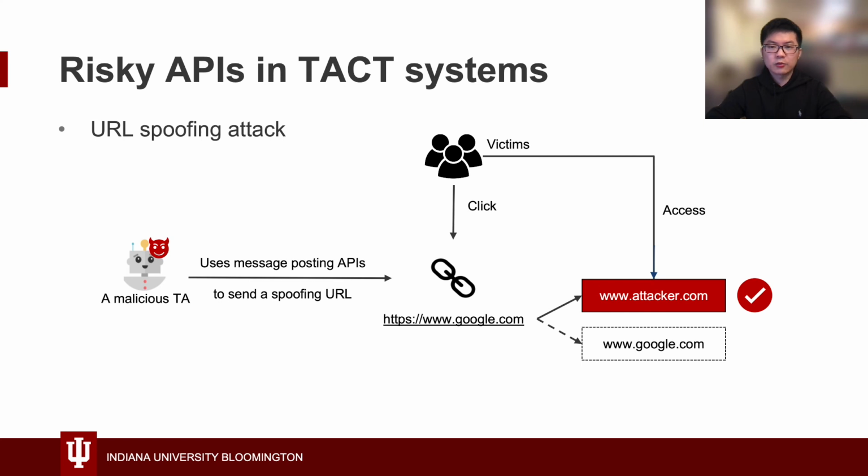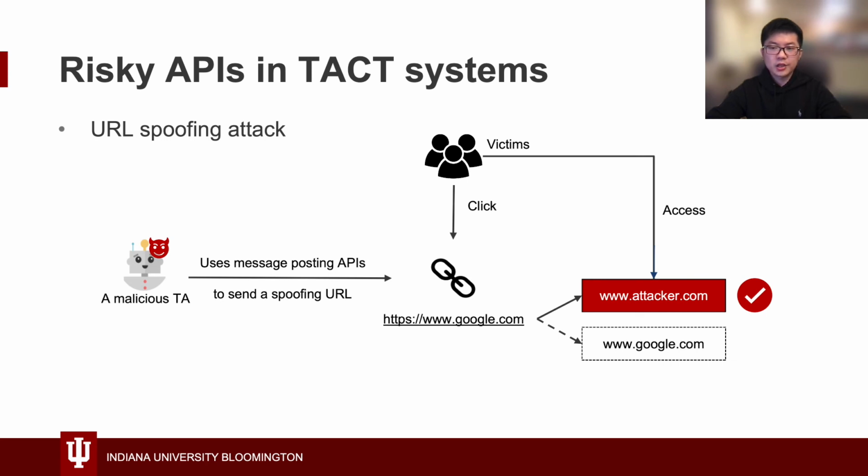The last one is the URL spoofing attack. As shown in the picture, a malicious team chat app can use message posting APIs to send a spoofing URL to a channel. A victim will think it is a legitimate link, such as www.google.com.